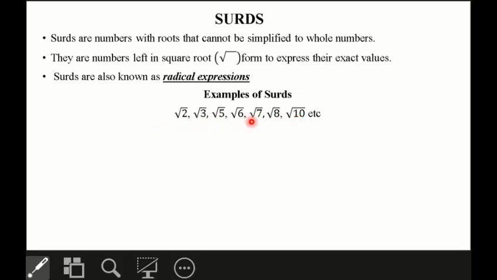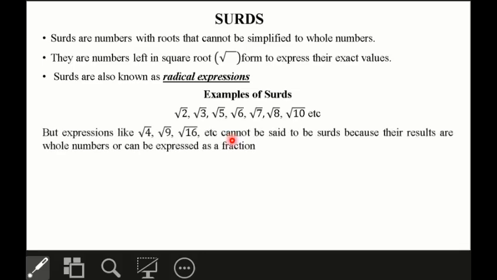Sets, because they cannot be simplified further into whole numbers. And therefore, in order for us not to lose their exact values, we write them in the same structure as the root of that particular number. Very good.